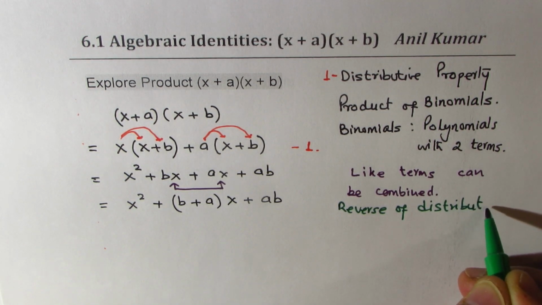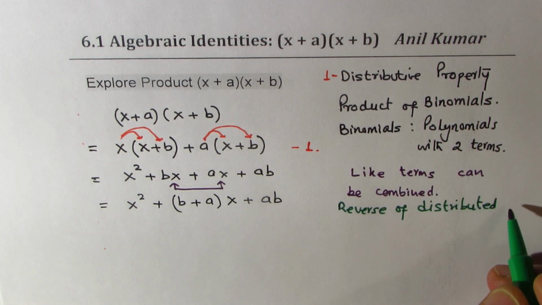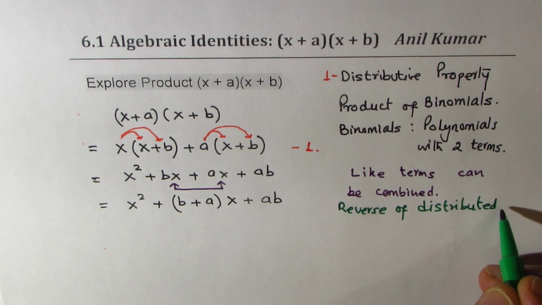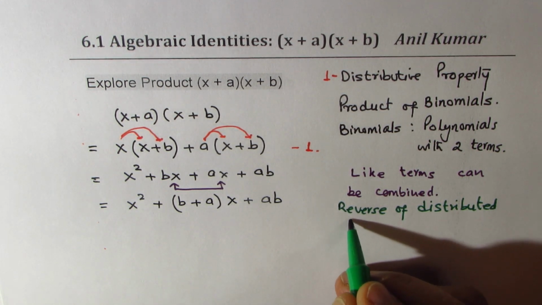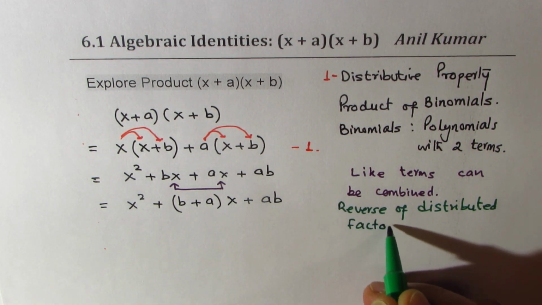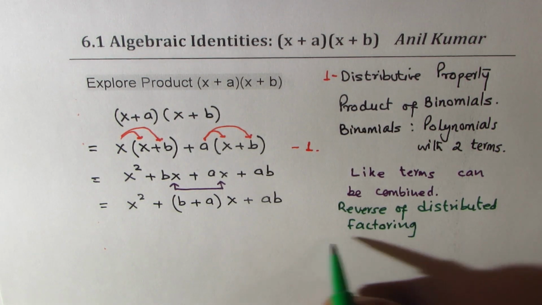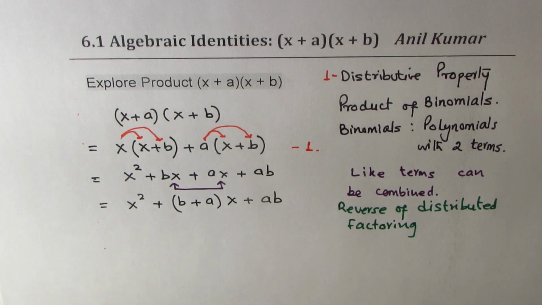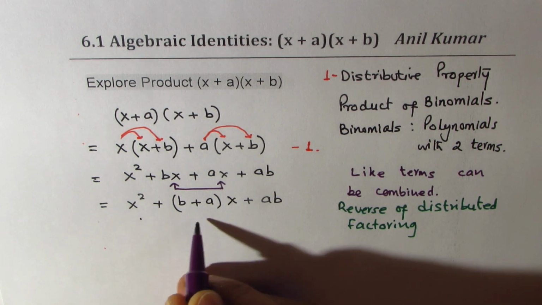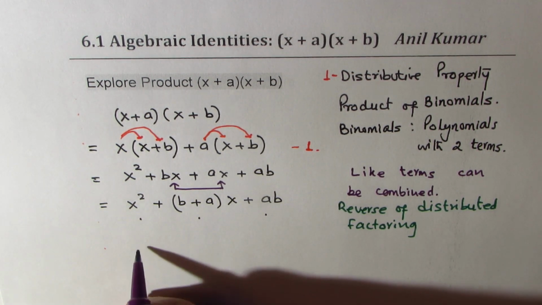You call it factored form. So we call this factoring. We'll actually get into details of factoring later, but that is the basic concept. So what you observe here is that here you have a trinomial. So here we have three terms. This is a trinomial, right?